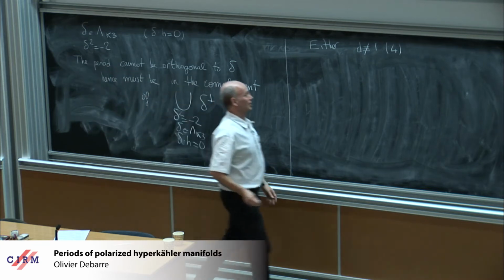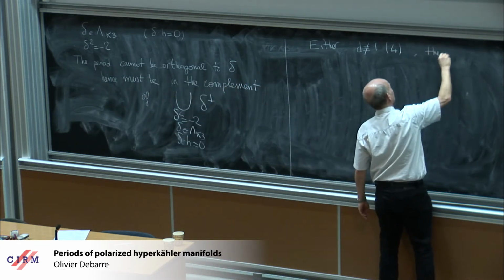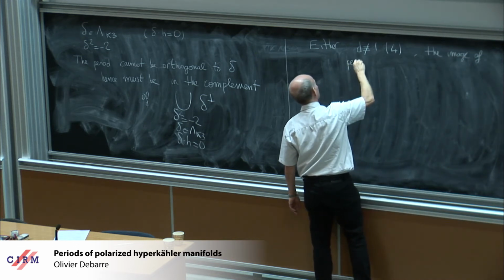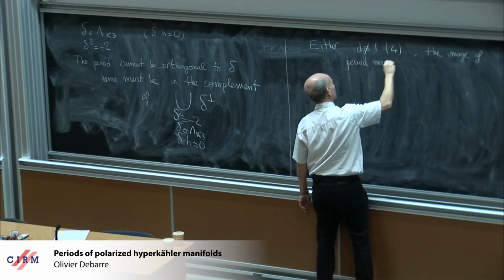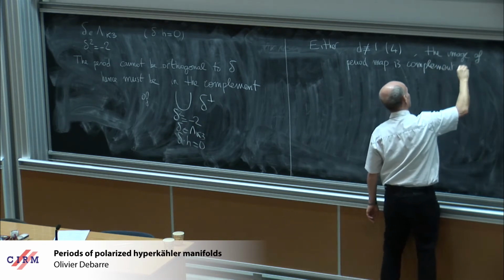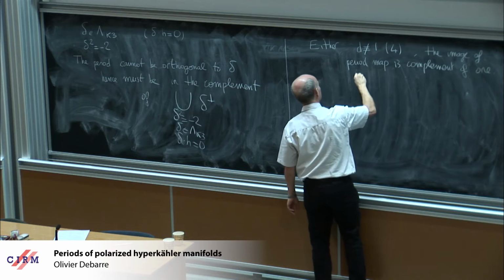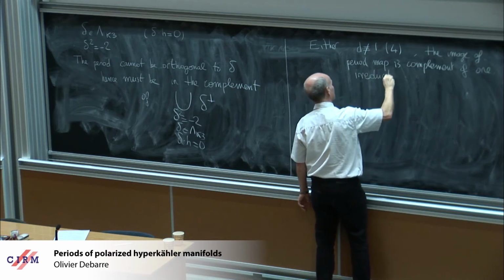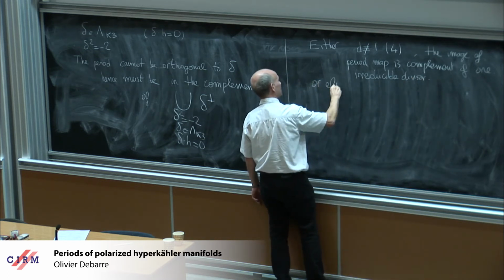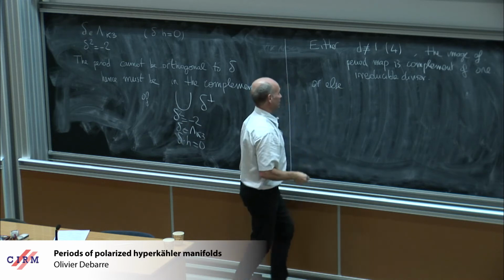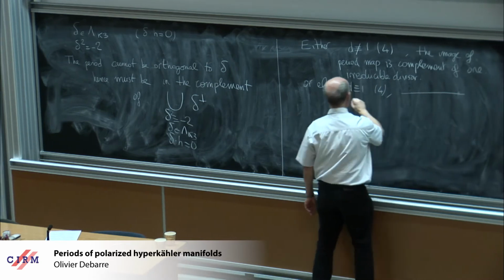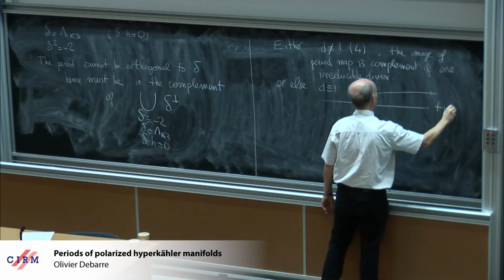So the image of the period map is the complement of one irreducible divisor, or else, meaning that D is congruent to 1 mod 4, the image of the period map is the complement of two irreducible divisors.